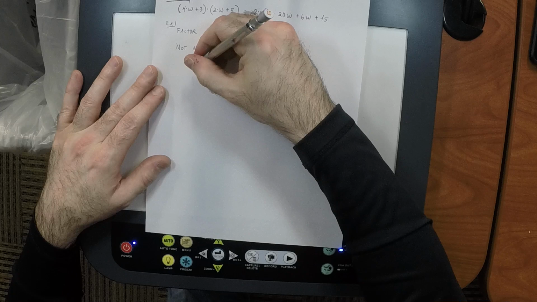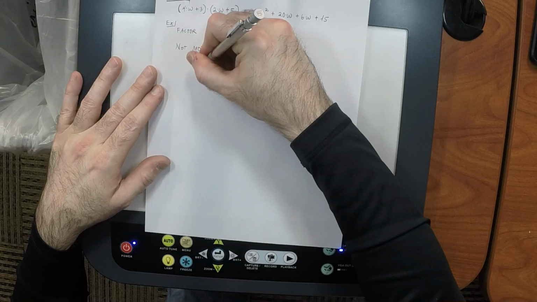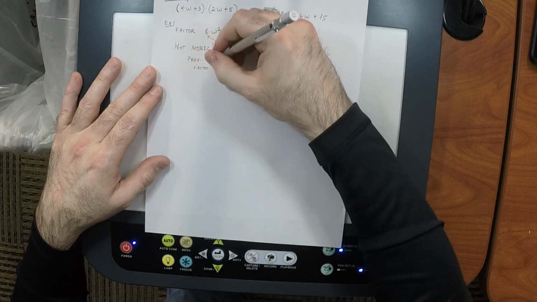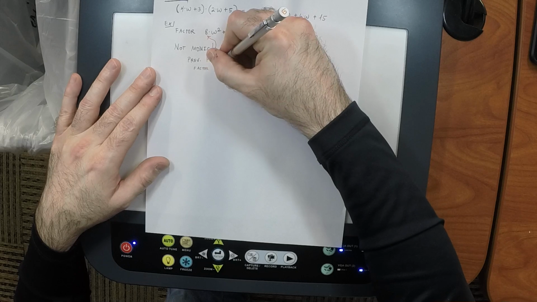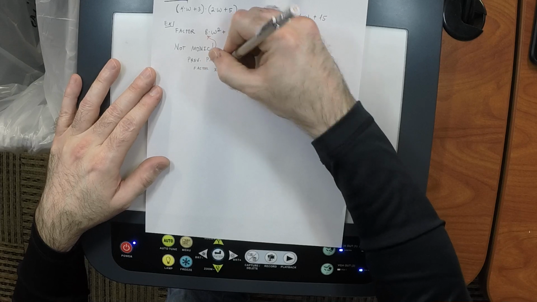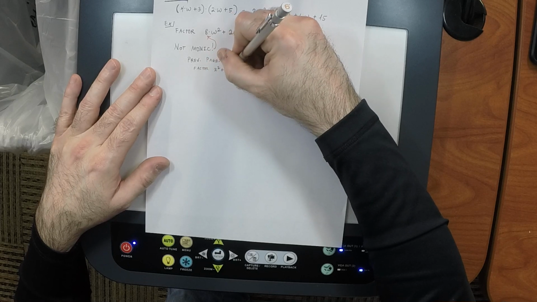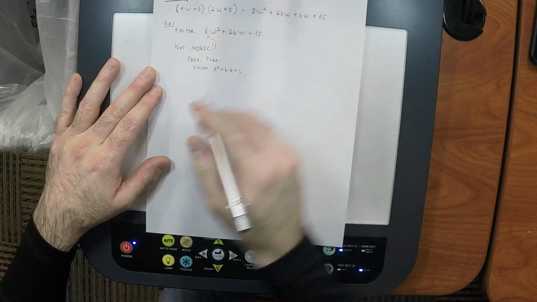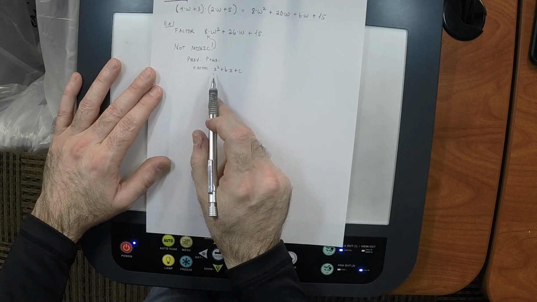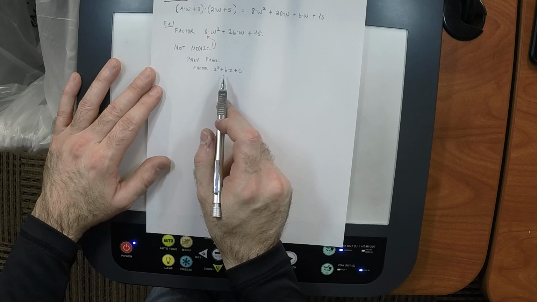So the previous page looks like this. If you want to factor x squared plus bx plus c, this is monic because it's 1x squared.